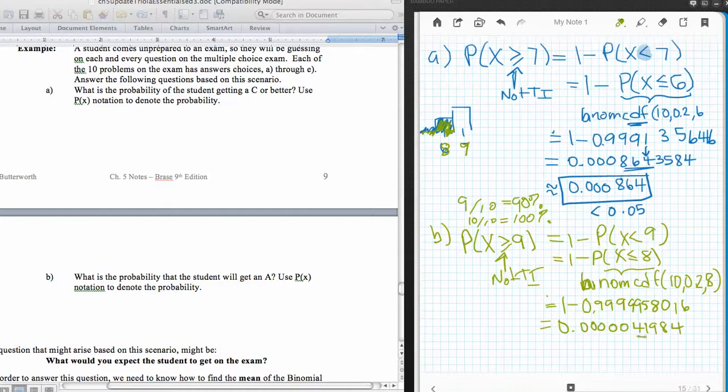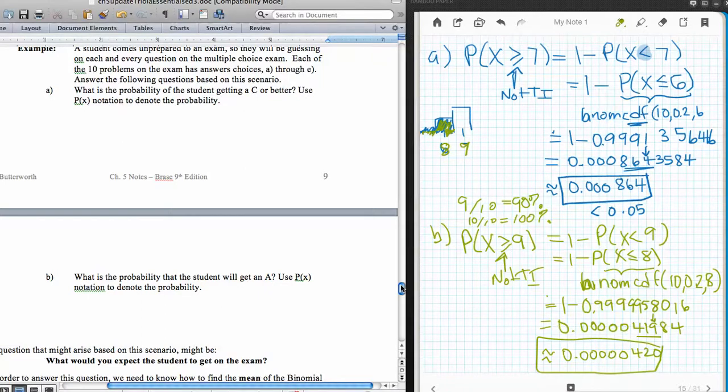So rounding to 3 significant digits, that's rounding to right there, but that's going to round through, so this would be approximately 0.00000420, and that would be the probability. There's an even slimmer chance, right, that you would get an A on the exam if you came in guessing. That's what we would expect.